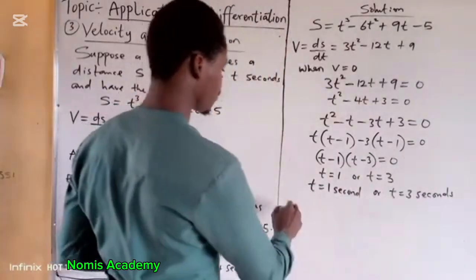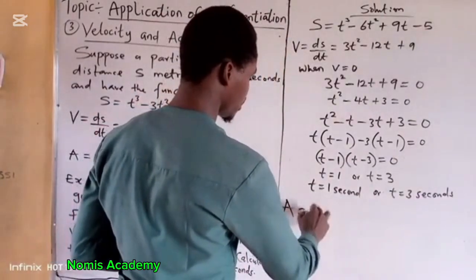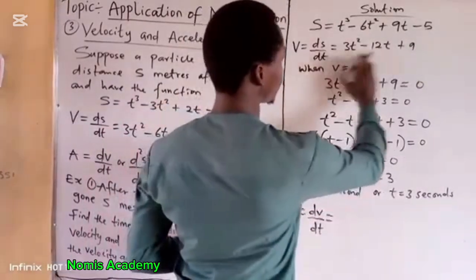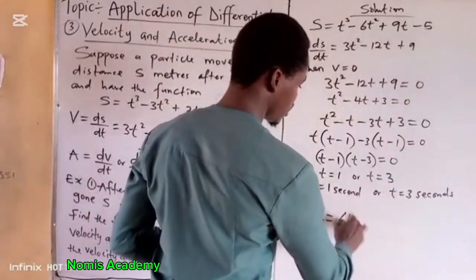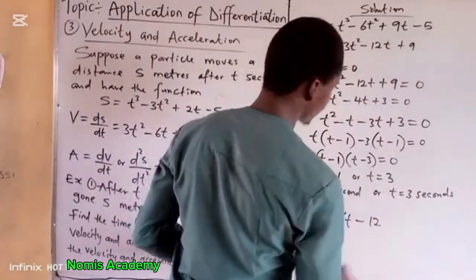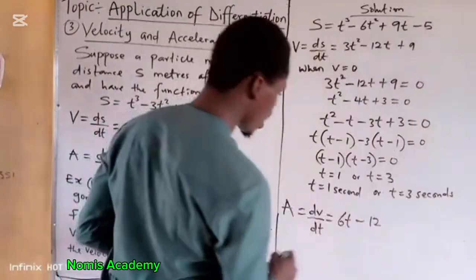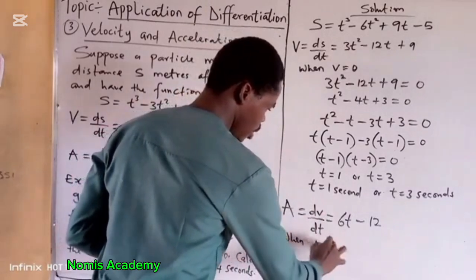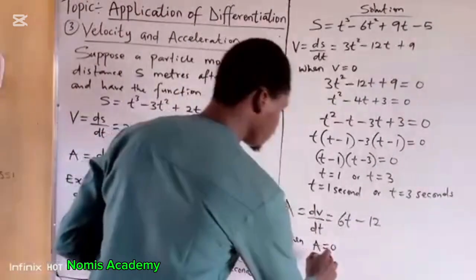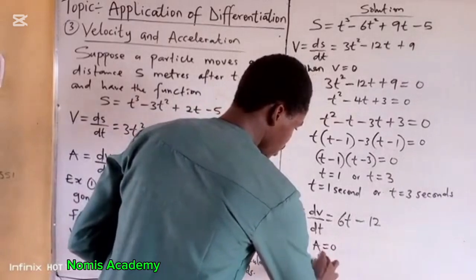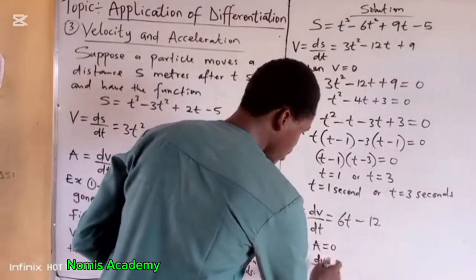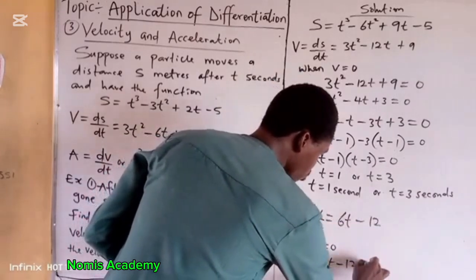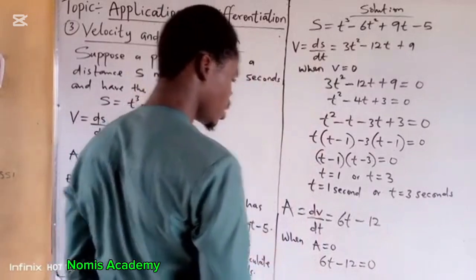Now for the acceleration, which is dv over dt, we are going to differentiate this, and that will be 6t minus 12. At the point where a is equal to 0, we insert 6t minus 12 equal to 0, and then continue with the solution.